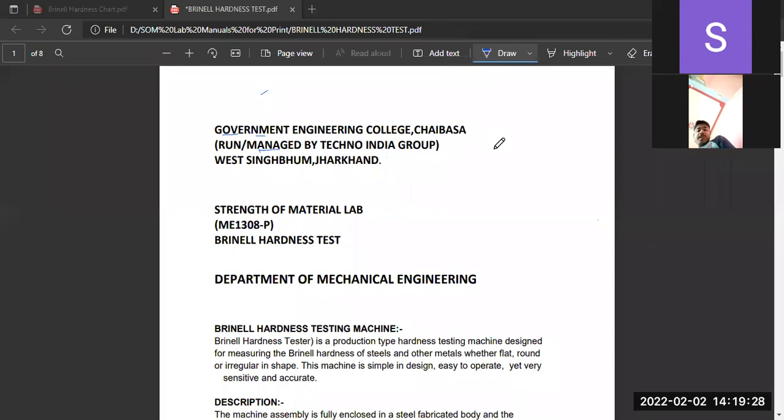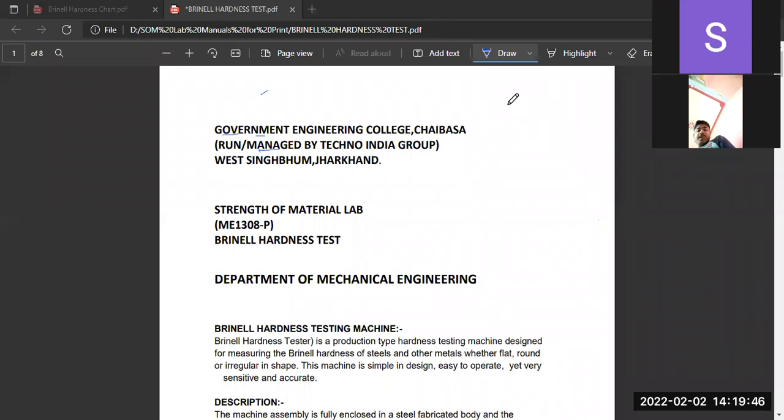Actually, in our practice, from the point of view of your subject, we are interested in knowing the hardness of the harder materials like steels, maybe mild steel, maybe hardened steel, maybe different types of alloy steels, maybe cast iron, maybe brass, maybe copper, maybe aluminum.